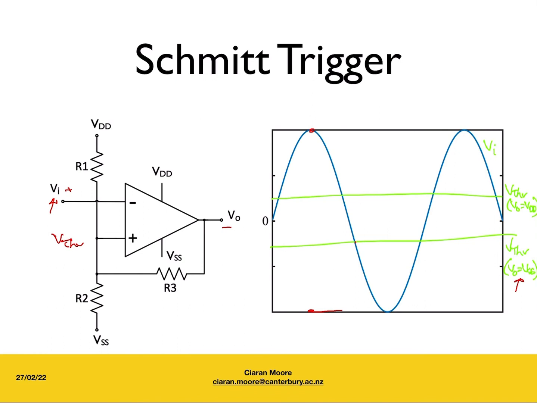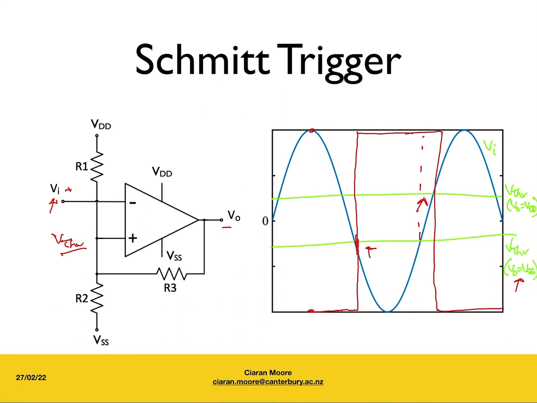So at this point, we'll see our output change like that, and our output will become positive, and the output will stay positive until the input again crosses VTHR, but now VTHR, it was down here, now it's moved up there. So whereas we would have shifted then, if the threshold hadn't changed, in actual fact we're going to change there, like that.